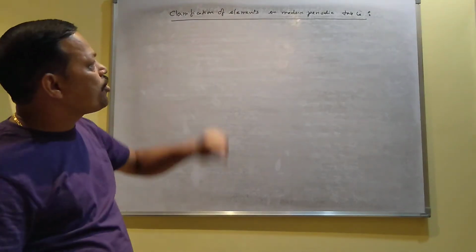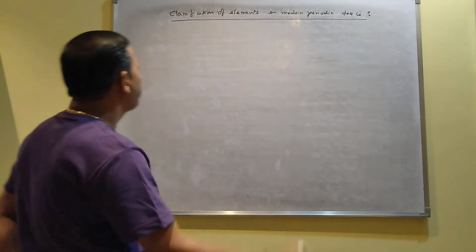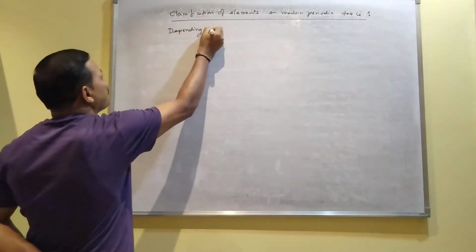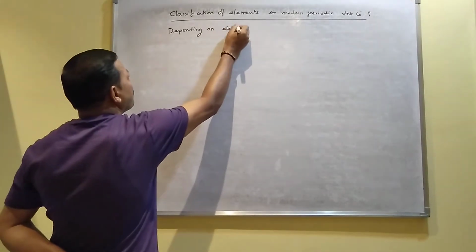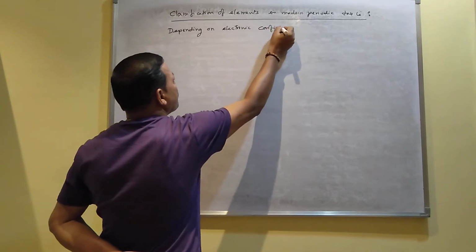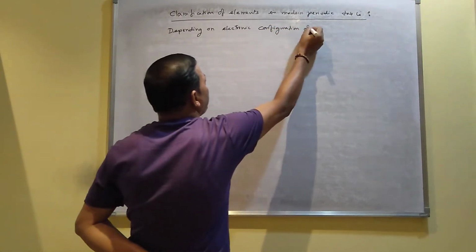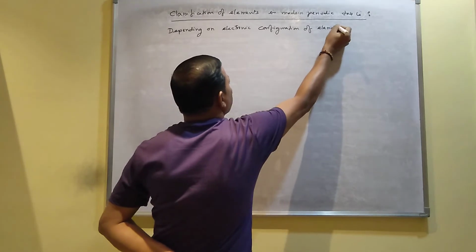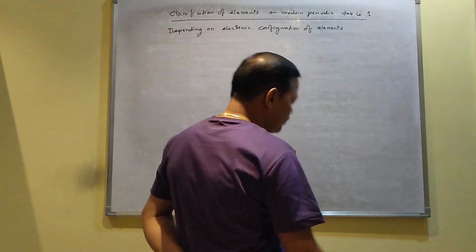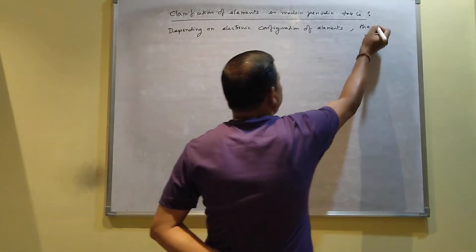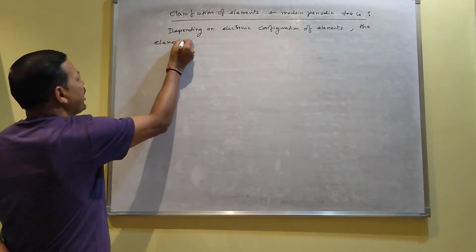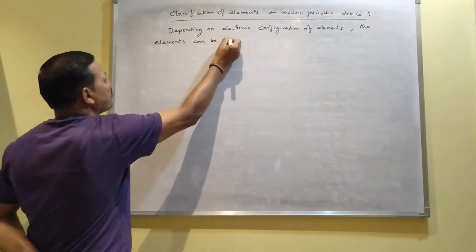Okay, now classification of elements in the modern periodic table. Depending on the electronic configuration of elements, the elements can be classified into four types.